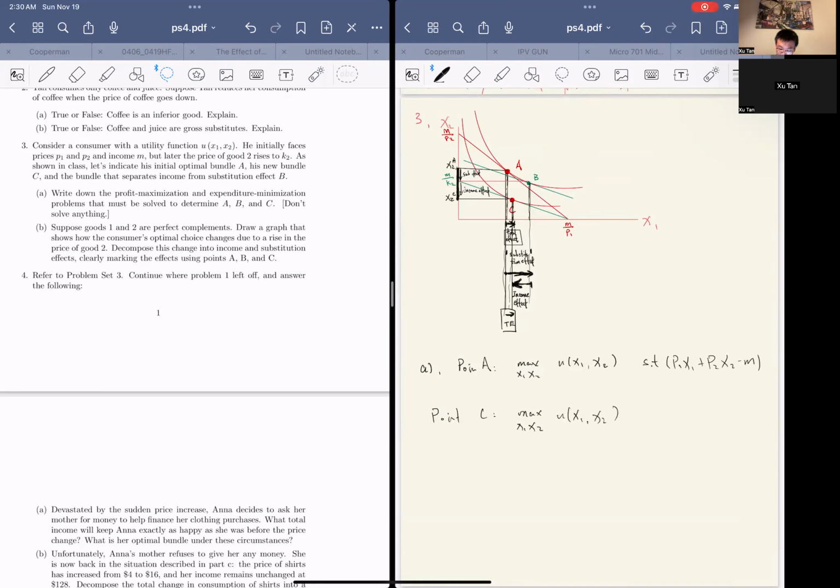It's still the same function that spans the whole space. And then we tie that utility function into one line where it's tangent to our new budget, right? So subject to P1 x1 plus K2 x2.